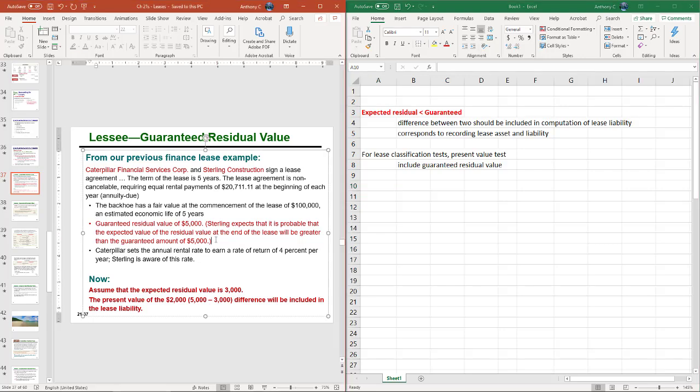In our past example, it had a guaranteed residual value of $5,000, and Sterling expects that it's probable that the expected value of the residual at the end of the lease will be greater than the guaranteed amount. So in our example, the expected residual is greater than the guaranteed. We did not include the residual value in determining the lease liability.